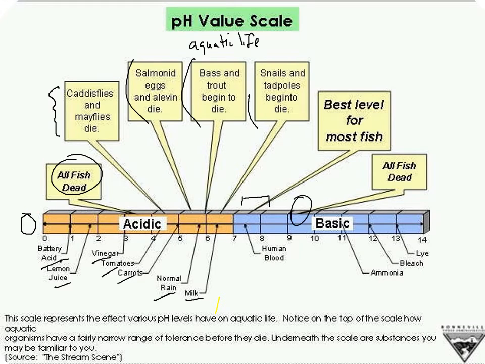So you get up here to about 9.5, you kill your fish again. If you want to run a fishery, here is your sweet spot right in there. And that's where you're going to test your water probably daily. There's probably an automated way to test that water every time because, of course, fish are your product and you're going to be selling those fish.